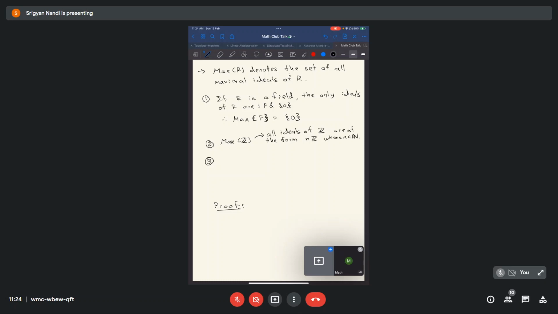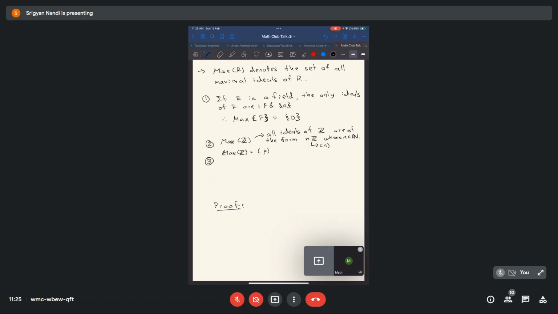So NZ is basically the ideal generated by N. If we consider all these ideals and we have to find the maximal ideals, then it is quite intuitive that the maximal ideals are the prime ideals. So max of Z is equal to all the prime ideals generated by the prime numbers.